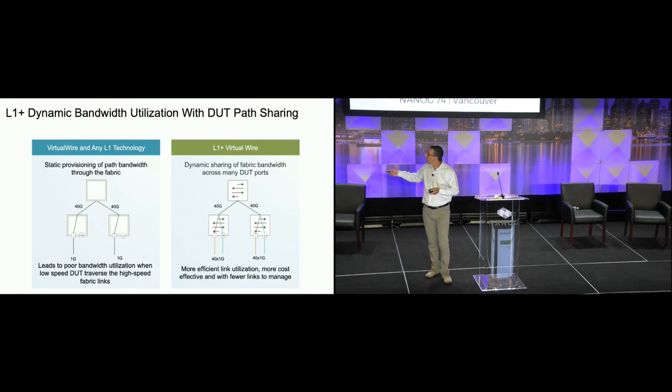Not great. Here, we leverage, again, IP packet switching. So you can have 40 1-gig ports ride a single 40 gig channel. Again, this is a much more efficient way to utilize your assets, your links, and effectively you reduce dramatically the number of devices you need to manage.